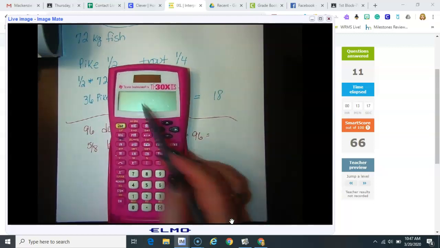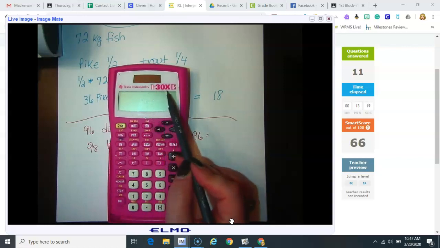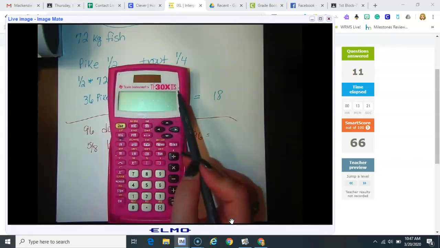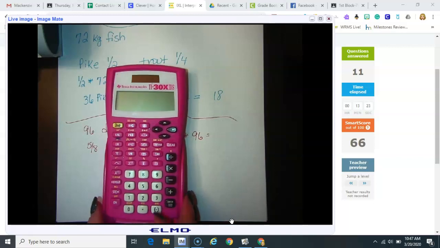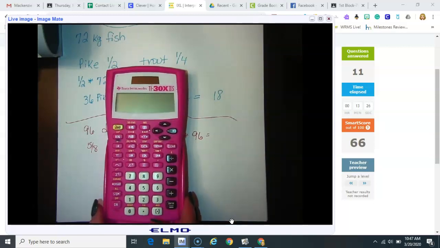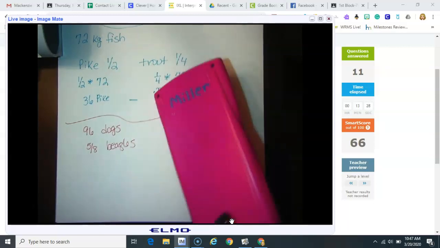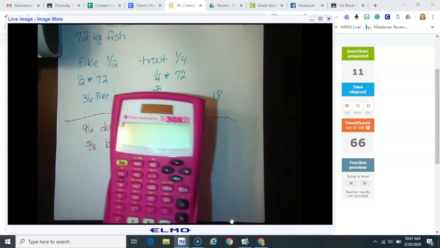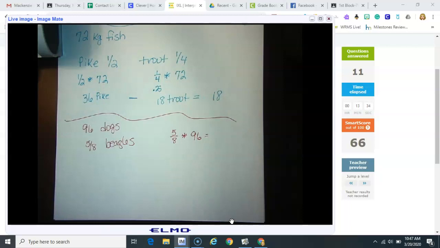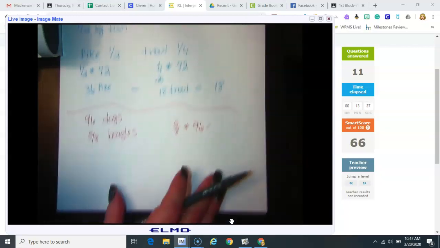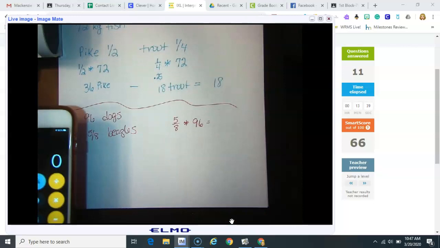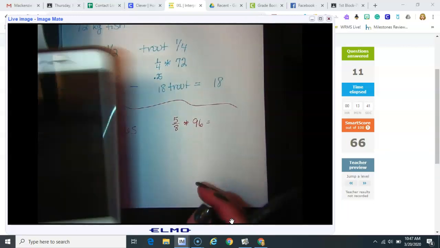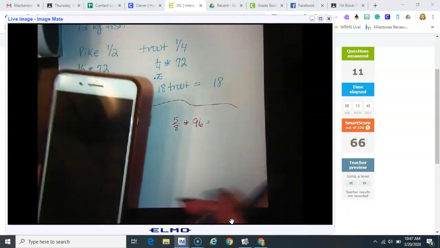It is the Texas Instrument TI-30X IIS. They have them at Walmart for about $8. They've got different colors. You can put your name on it like I did. You don't have to have it. That's just if your parents want to get you that to use while you're at home, that's fine. And you can take it to school. But let's go back from our commercial break about calculators, and let's do this.